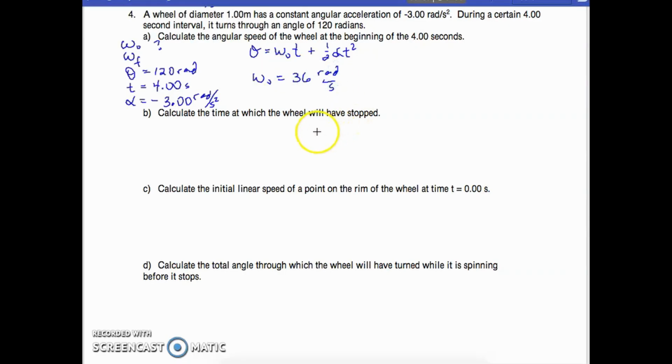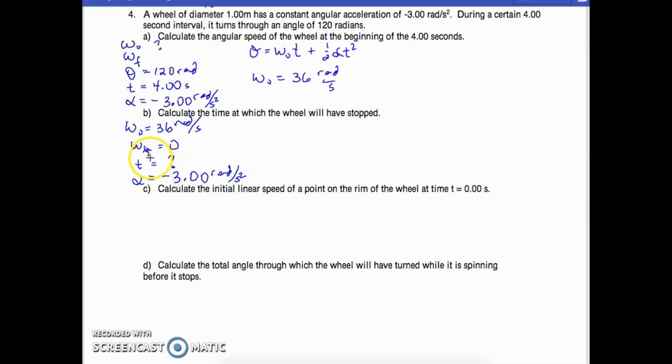radians per second. Now, how much time will it take to stop? Now we're going to switch around a few things here. Now that we know that it was traveling at 36 radians per second, it's going to stop. How much time is that going to take? And it's still decelerating at 3 radians per second squared.